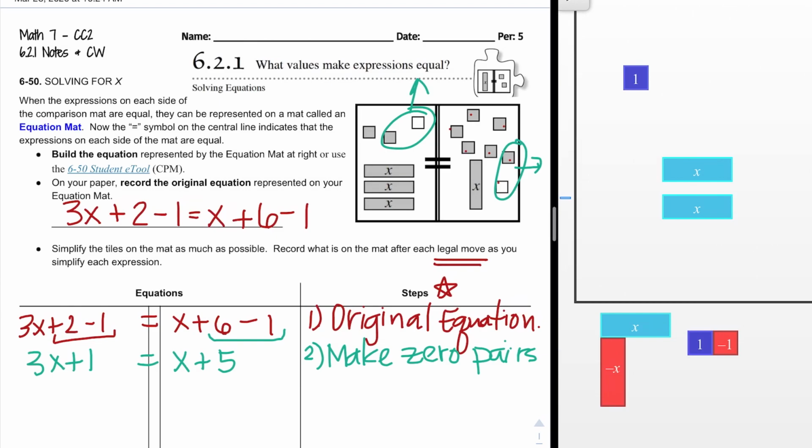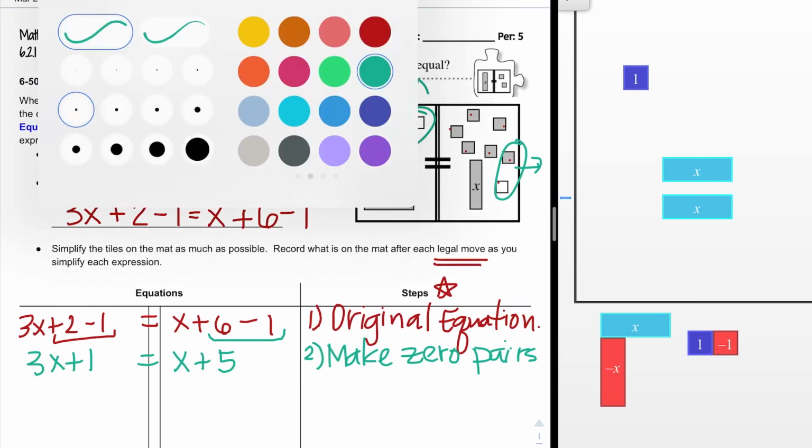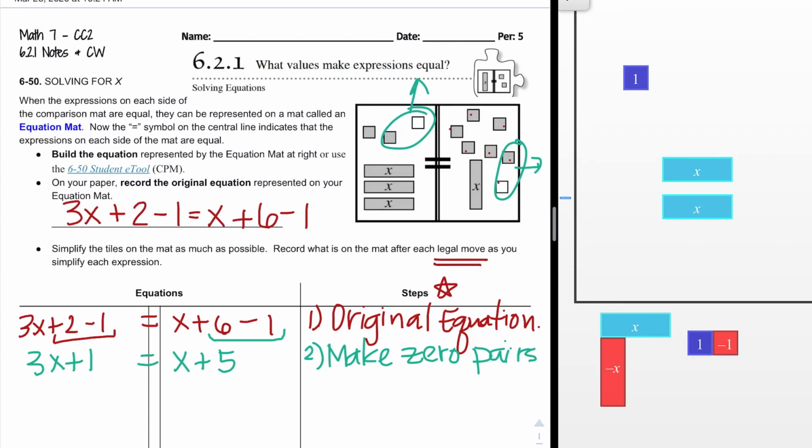Okay, so I'm gonna go ahead and write down what I have, and then I'll explain what the step is called. So I'm gonna bring in a new color right here. I brought in one negative x on the right, so I have to bring in negative x on the left.